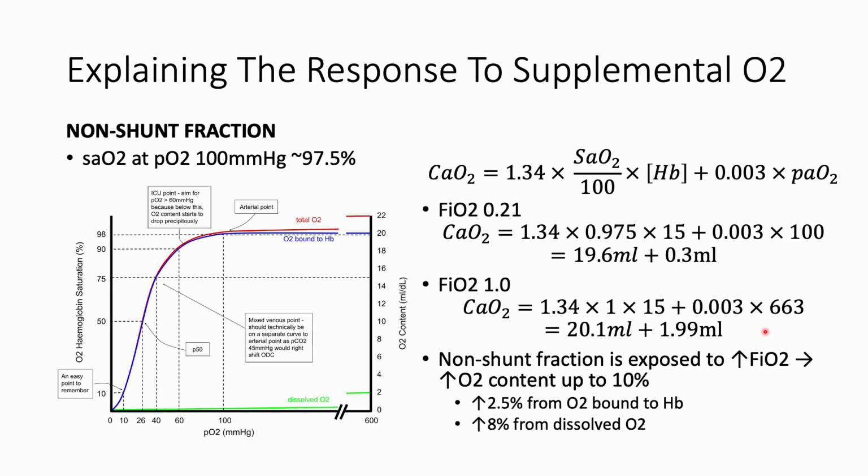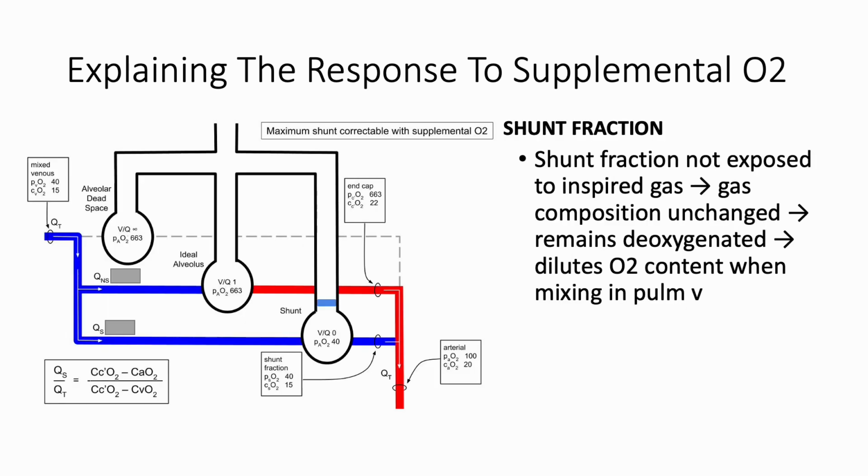So by giving 100% oxygen, we've increased the oxygen content from 20 up to 22 mLs per deciliter. So that's a 10% increase. It's not a huge increase, but we also can't say that it's completely insignificant. And the majority of that increase is due to dissolved oxygen.